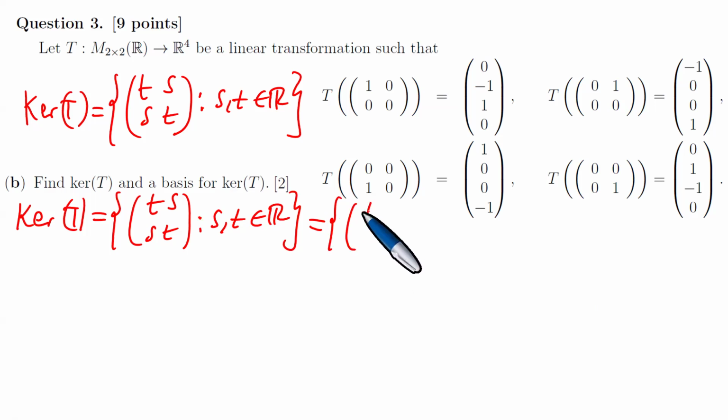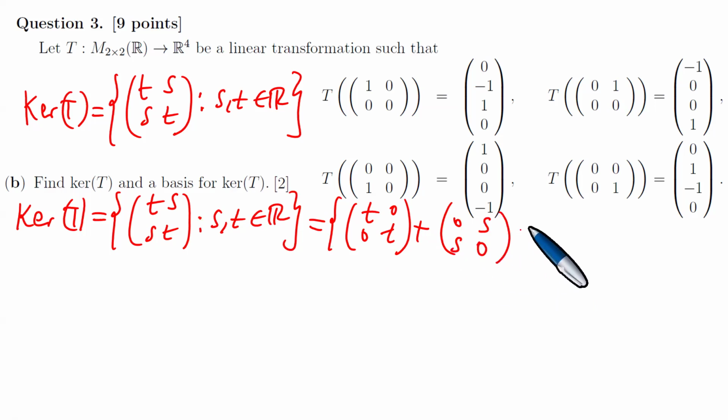We can write this one as the matrix T, 0, 0, T plus the matrix 0, S, S, 0, like this. And this is true such that S and T are real numbers.